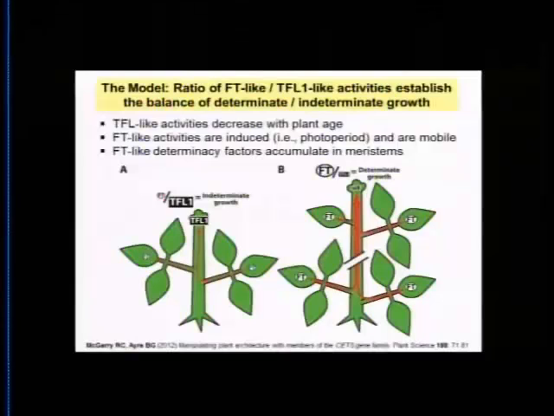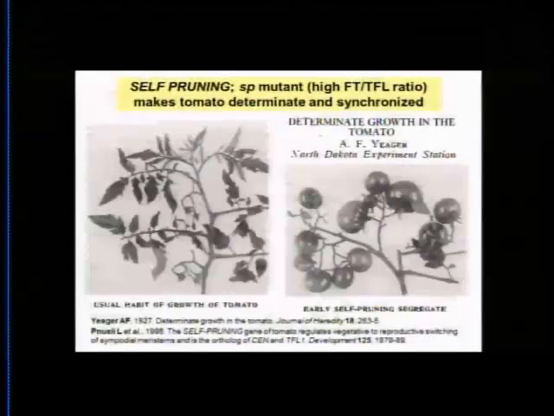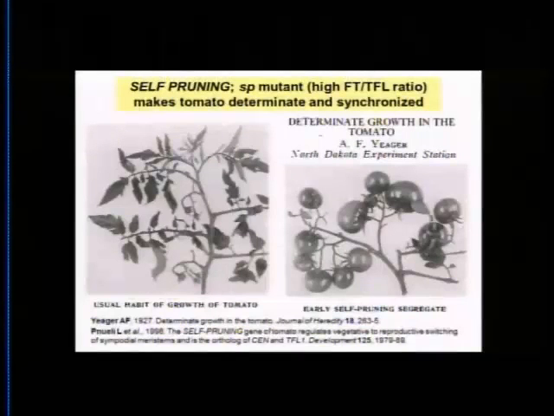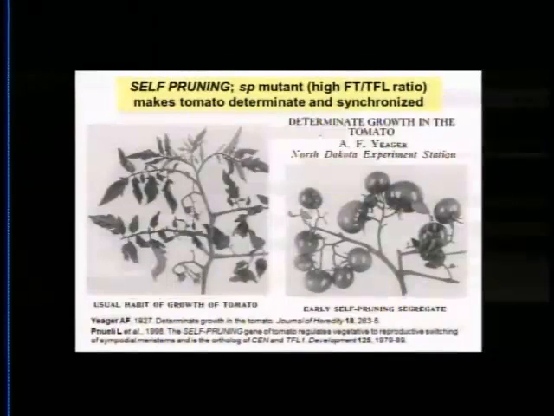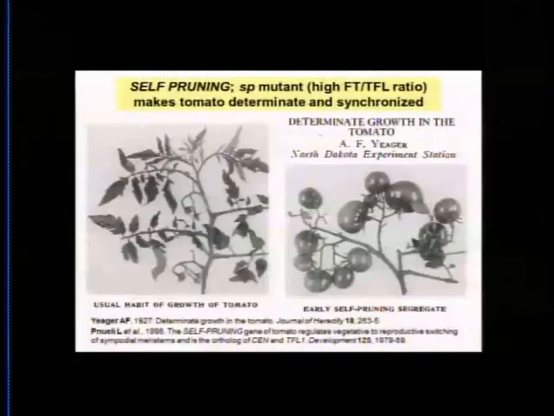What is the evidence for this? Well, we can go all the way back to 1927 and the tomato plant. The tomato plant's architecture is surprisingly similar to the cotton plant. They both produce what's known as a cymose inflorescence. Ancestral tomato, and the type of tomato that you grow in the backyard, is an indeterminate plant.